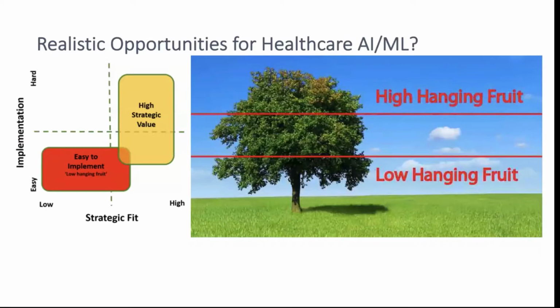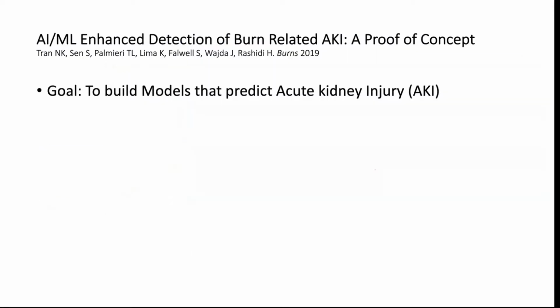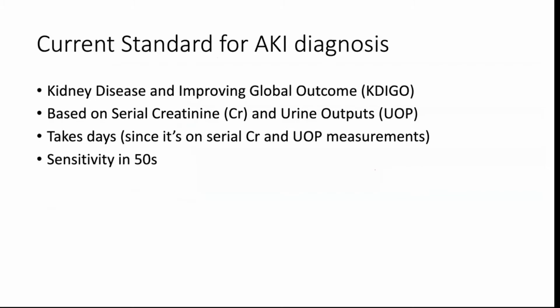And what I mean by lowest hanging fruit is things like an acute kidney injury model, for example, as I'll show you here. So our goal was to build a machine learning platform that could predict acute kidney injury, because right now the gold standard for identifying acute kidney injury doesn't do a great job. The gold standard is this thing called KDIGO, which is Kidney Disease Improving Global Outcomes.